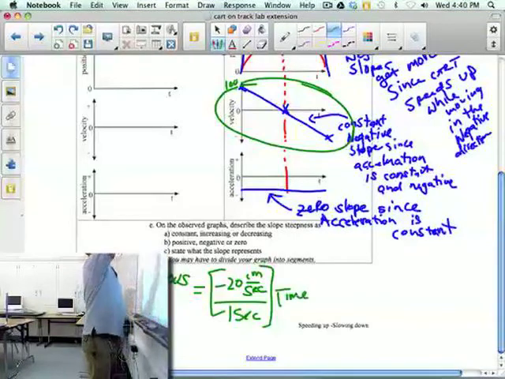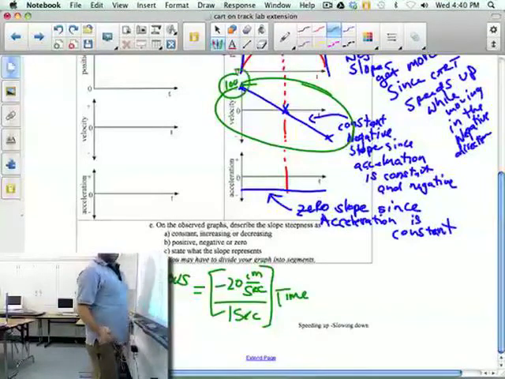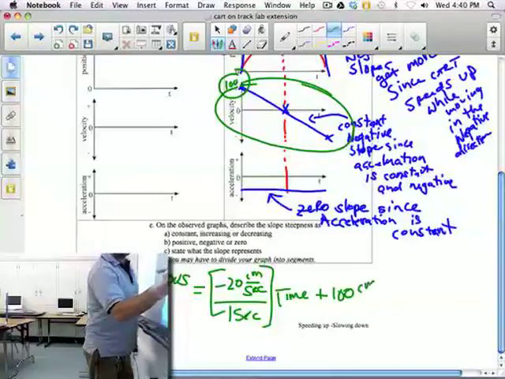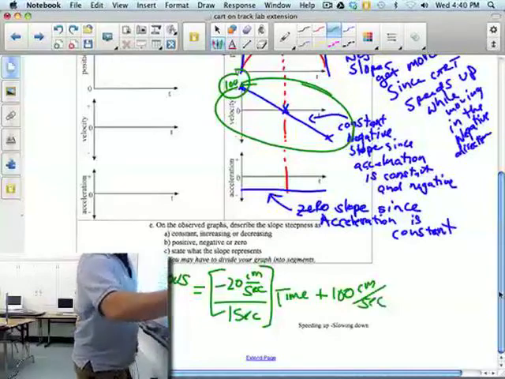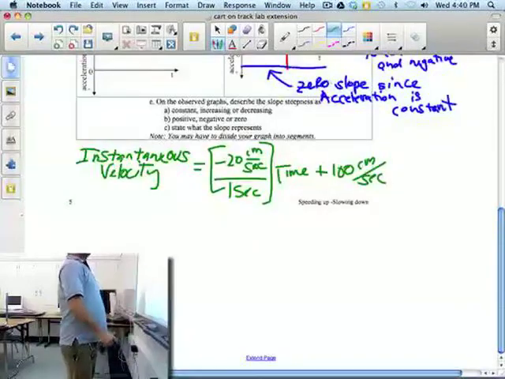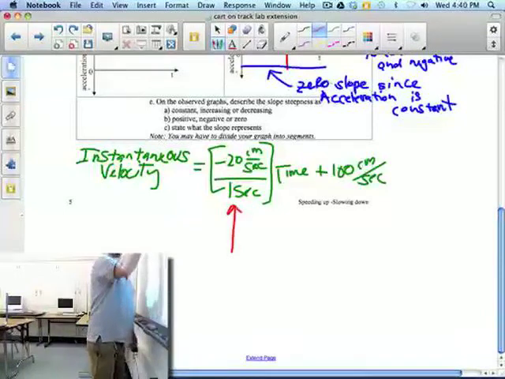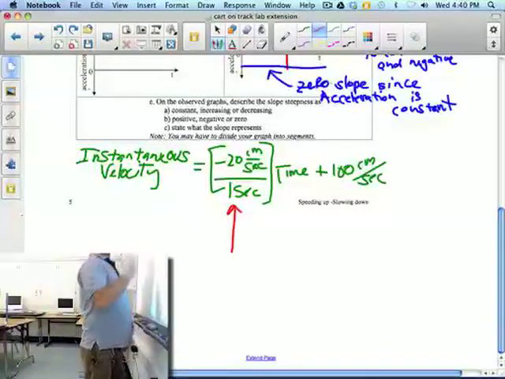Okay, and our initial velocity looks like it'd be about plus 100 centimeters per second. Okay, almost done here. And last, most important step is to make sense of this slope and intercept.